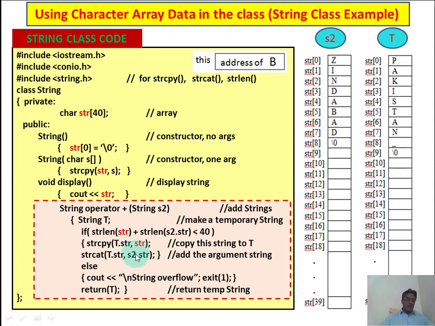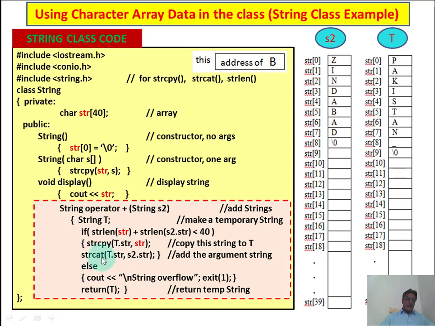All its characters will be read and copied into the T.str location where the control is present. Control is actually here. So when the computer reads this location of S2.str, Z, it will store Z here, and when it reads the next location, I, it will store I next, and then N, then D, and then A, then B, and then A and D, and at the end the computer will store the null character.